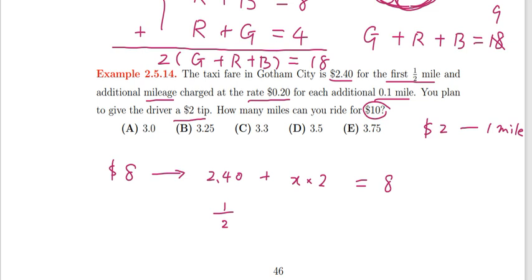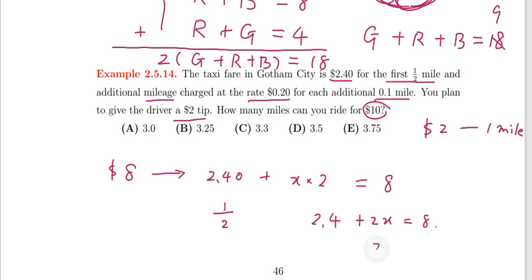So we have this equation: 2.4 plus 2x equals 8. Then we can find x.